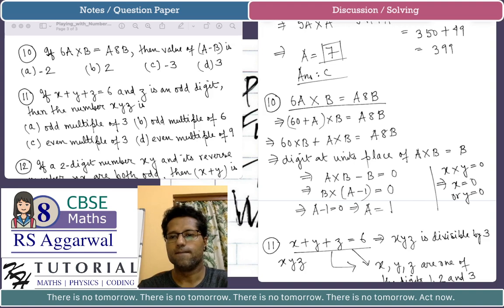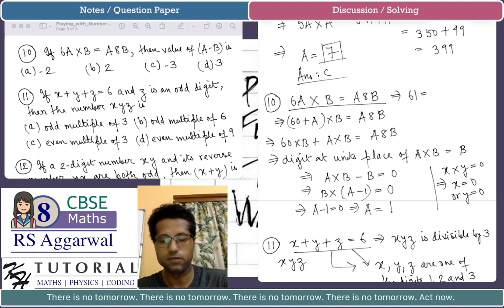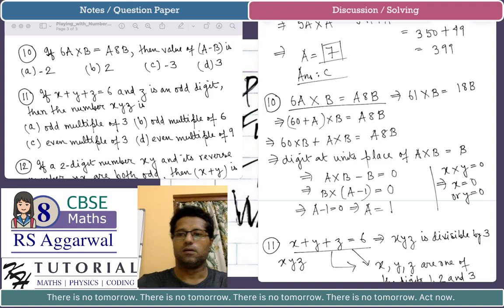Now, a equals 1. Okay. So if a equals 1, this implies from the given equation we have 61 multiplied by b is equal to 18b.